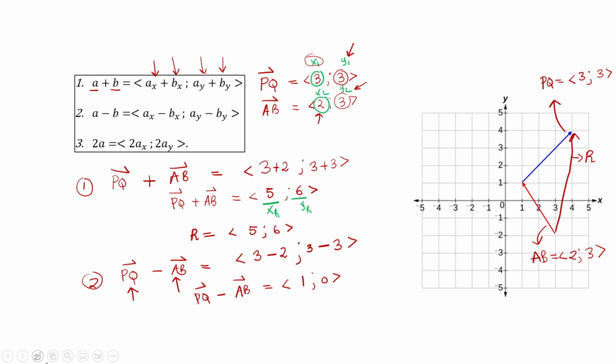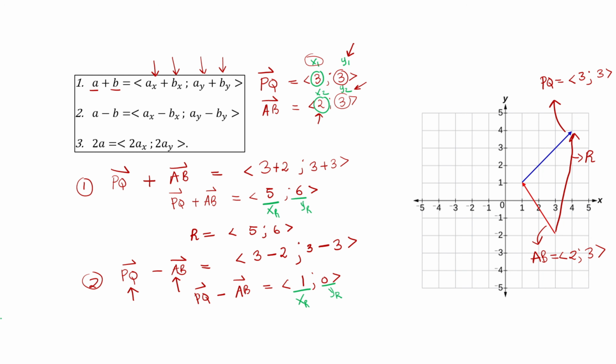This is the resultant that you get when you subtract the vectors. This is the x value of the resultant, and this is the y value of the resultant. Don't neglect the 0. It is also a value that is there.